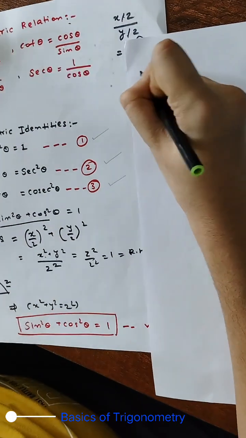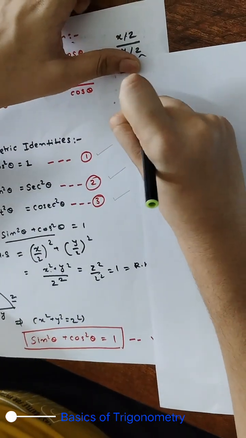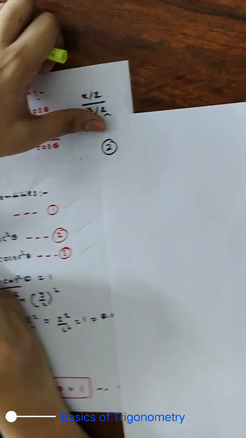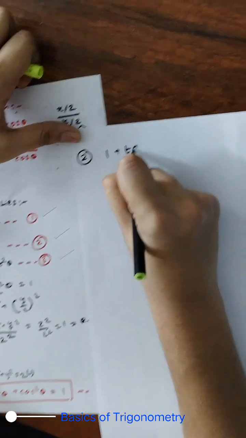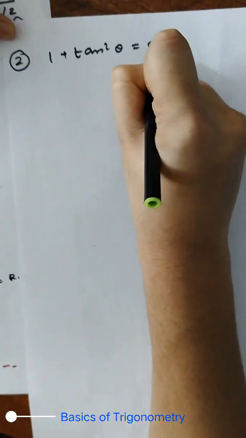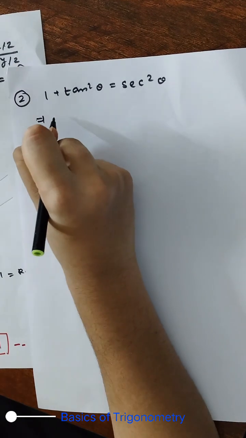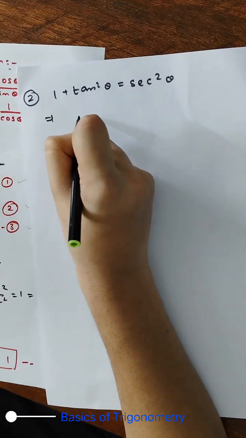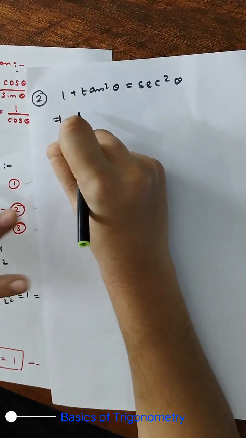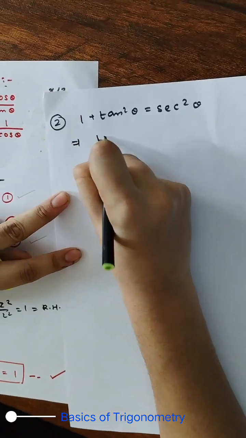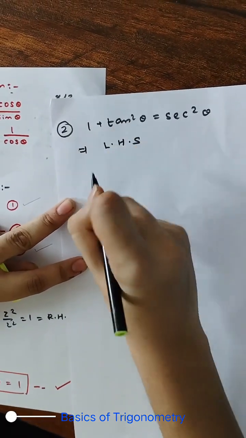Now, after proving the first identity, let's prove the second and third identity respectively. The second identity is given as 1 plus tan square theta is equal to sec square theta. From the above relation, tan theta is equal to sin theta by cos theta. Before moving forward, let us first solve the LHS, that is 1 plus tan square theta.